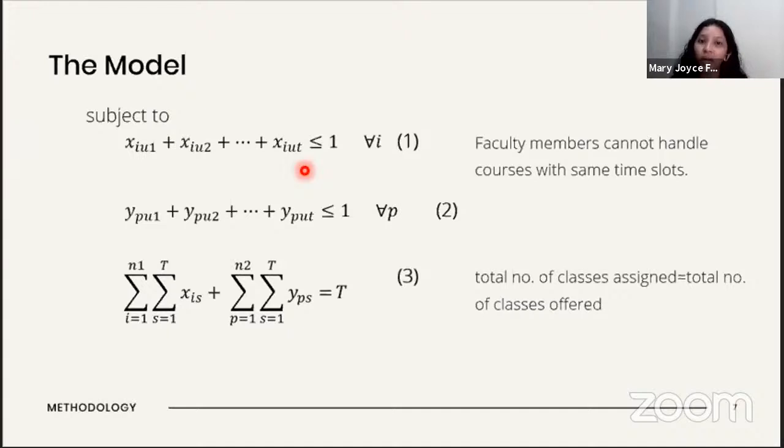Equivalent siya sa 1 or wala. Ito ay for instructors, ito ay professors. So next, they're restricted so that the total number of classes assigned is equal to the total number of classes offered, para distributed talaga lahat. So dapat equal siya sa number of classes.